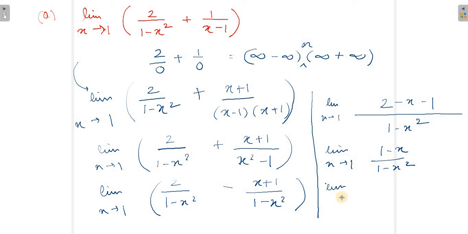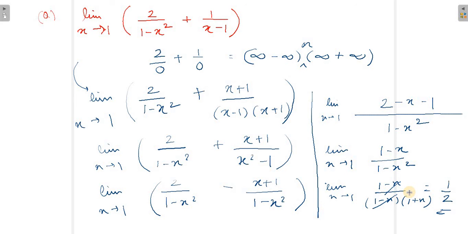Now we can break the denominator into 1 minus x and 1 plus x, as a square minus b square is equal to a minus b into a plus b, and we can put x equals to 1, which gives 1 by 2. So we have solved the function which is in an indeterminate form, that is infinity minus infinity, or you can say infinity plus infinity. In this way we usually solve the problem if a function is in some indeterminate form.